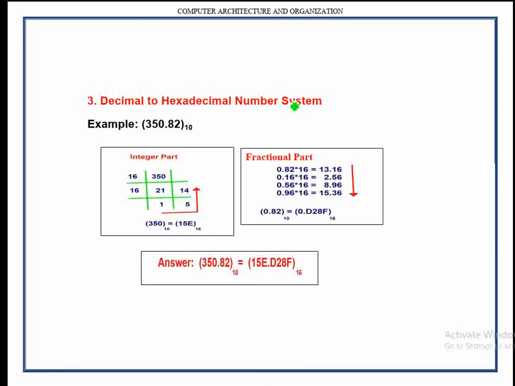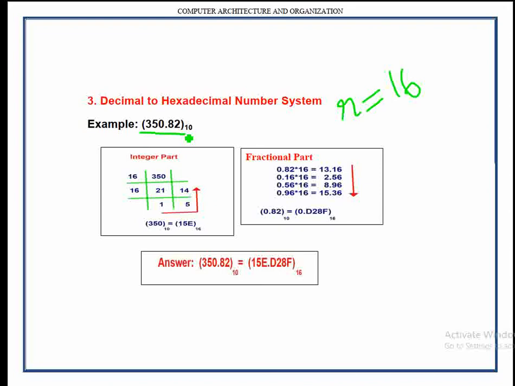Now let's discuss how to convert decimal to the hexadecimal number system. Here first let us write the radix of the hexadecimal number system, 16. Now let's apply the above two rules. What is the first rule?